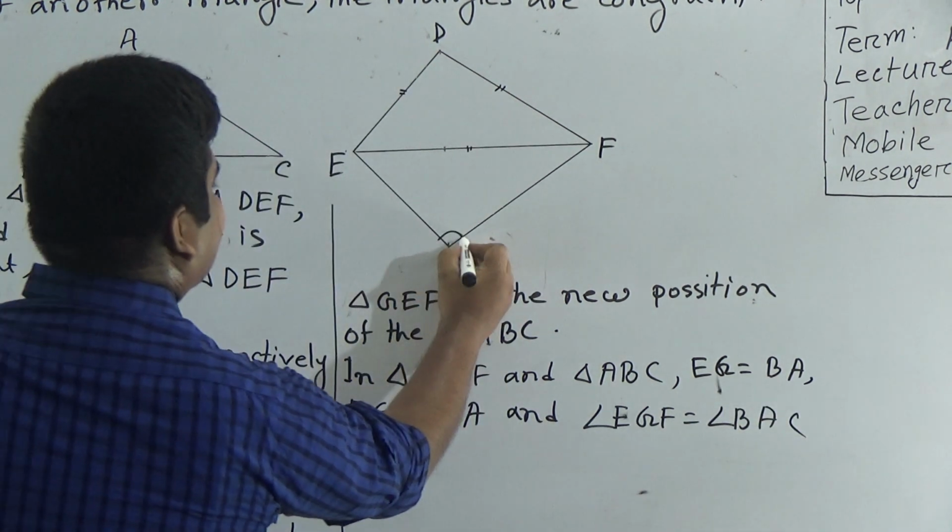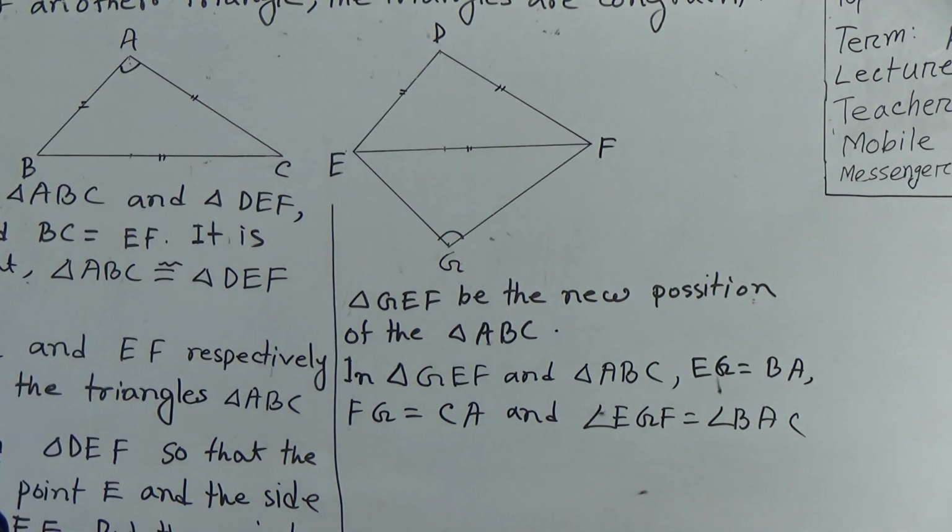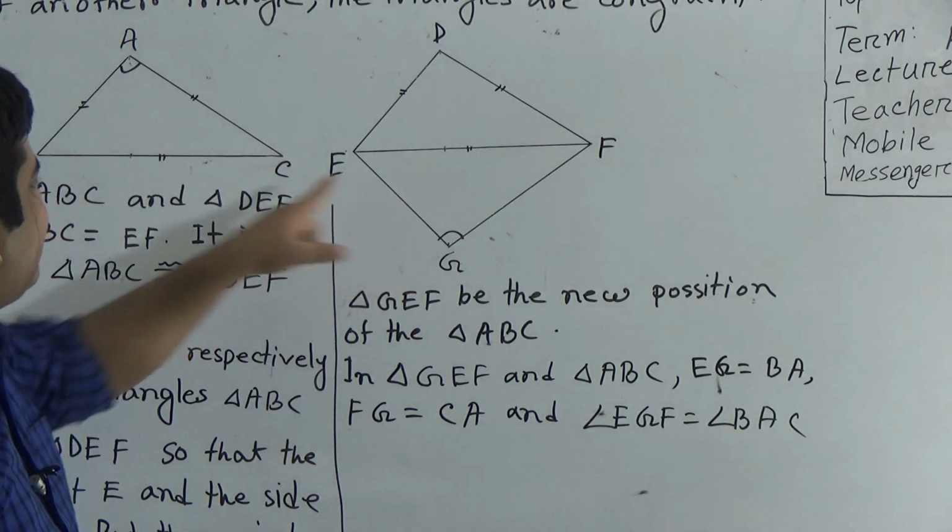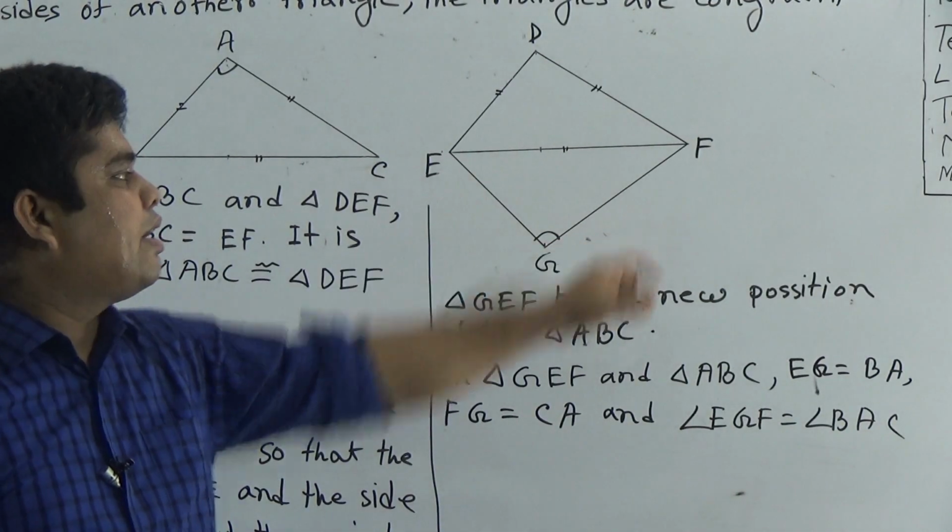That means this angle and these angles are also equal. This side and this side equal, this side and this side equal.